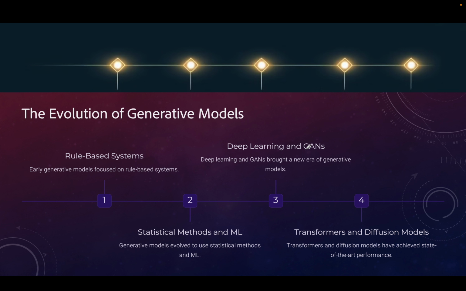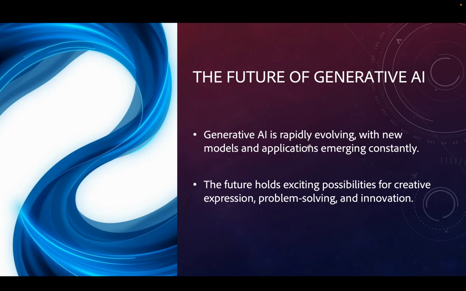Similarly, diffusion models in the field of image and video generation. The future of generative AI is rapidly evolving, with new models and applications emerging constantly. Even at the time of this recording, I am sure there may be a few more models being uploaded to Hugging Face Hub. The future holds exciting possibilities for creative expression, problem solving, and innovation.